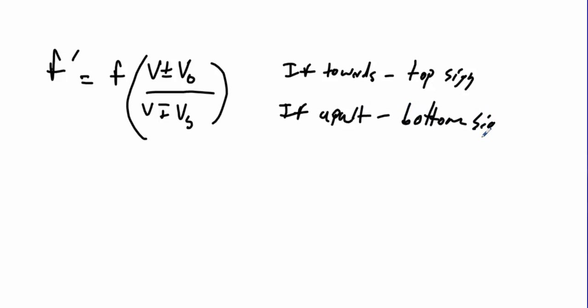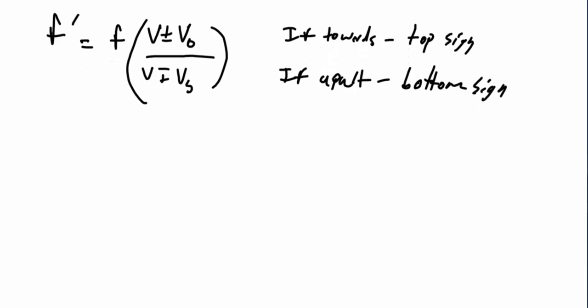There's actually one other way we can write this, but we have to put another caveat on it. You can write the new frequency, the frequency that the detector or the observer hears, as the frequency of the source times the velocity of the wave minus the velocity of the observer over the velocity of the wave minus the velocity of the source.